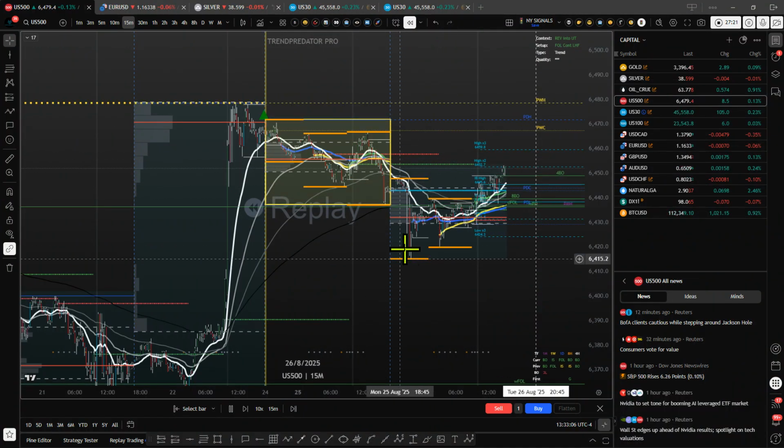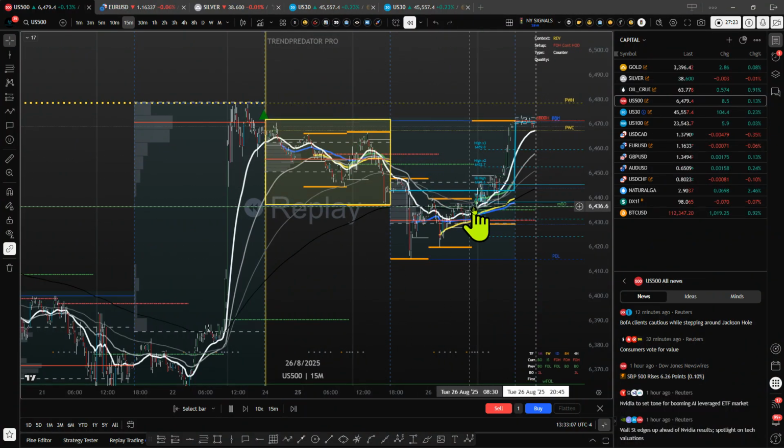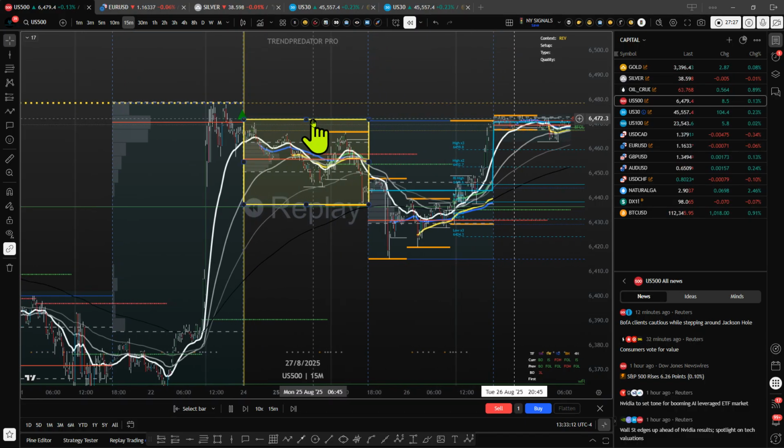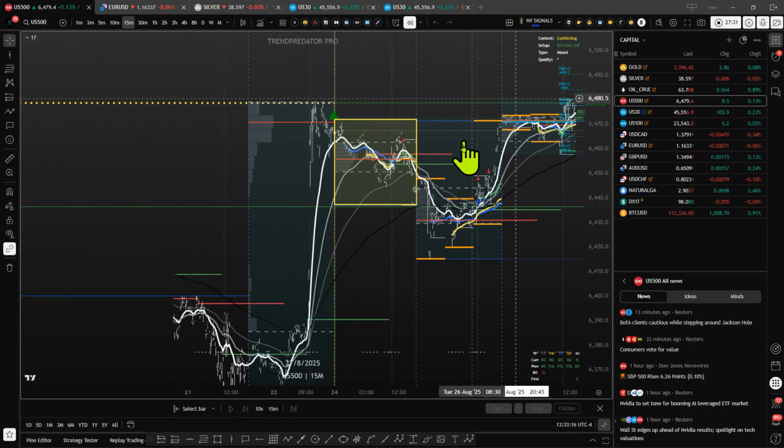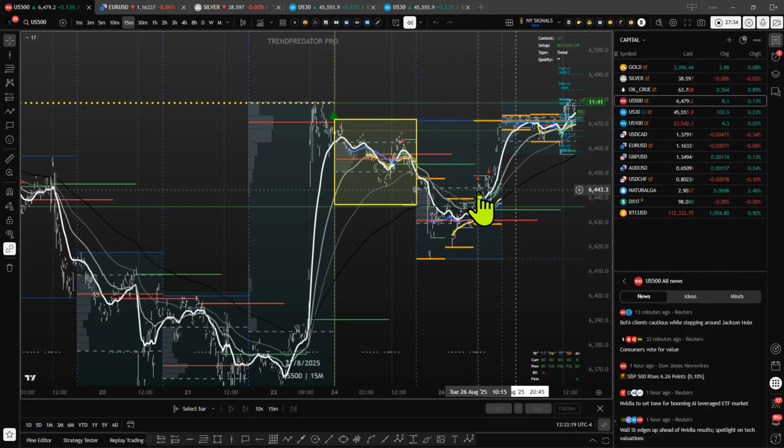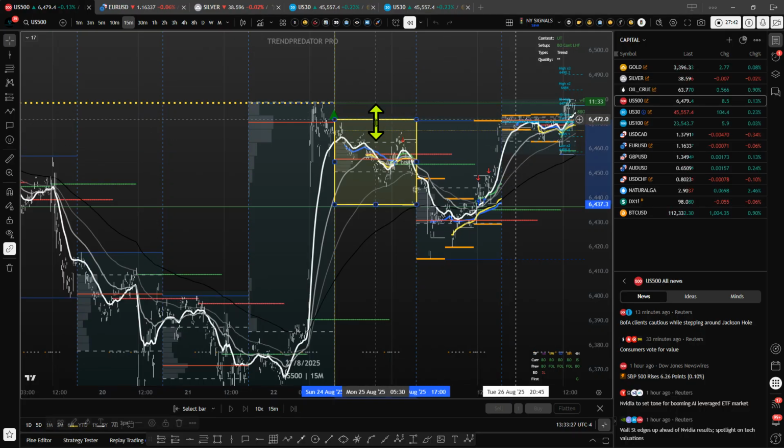Broken out, pulled back, and what's it doing? Failed. And what has it done? Gone to the other side of the range. And we knew that. We knew that markets do one of three things, and that's one of the three things that it does. So therefore, we can take that in the assumption that it's going to go to the other side of the range, and that is your trade.